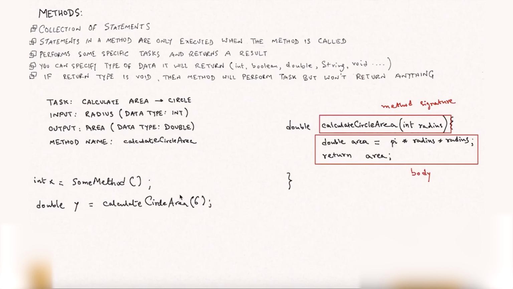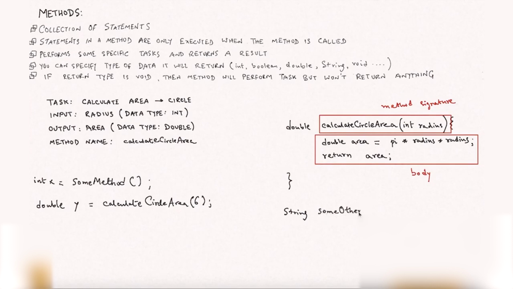So what did we see here? We saw that a method can have one input, or a method can have no inputs. But a method can also have many inputs, right? So for example, we might have a method that, let's say, has a string return type, and then let's say the name of the method is just some other method.